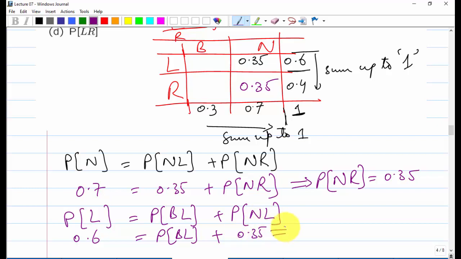So from here probability of buying and staying long is 0.25. So here we can fill 0.25. Now this last cell is quite easy to fill because this must sum up to 0.3, so that will be 0.05.